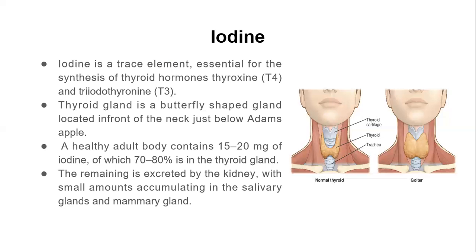These hormones are produced by the thyroid gland, which is situated in front of the neck, just above the trachea and below the Adam's apple. So this gland is responsible for the production of these hormones.